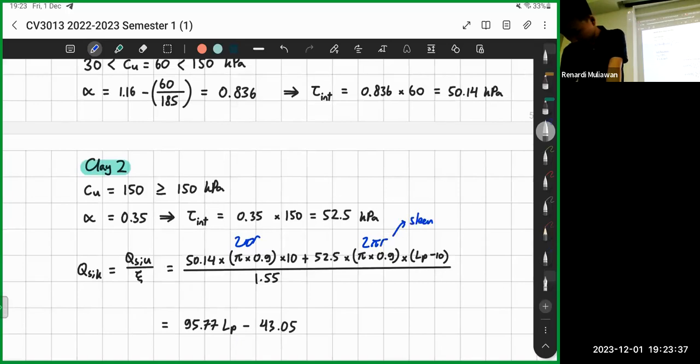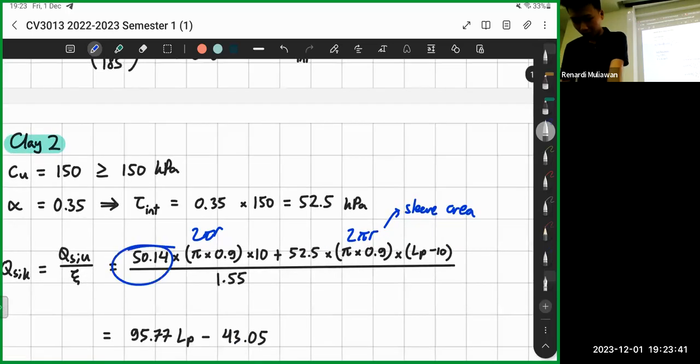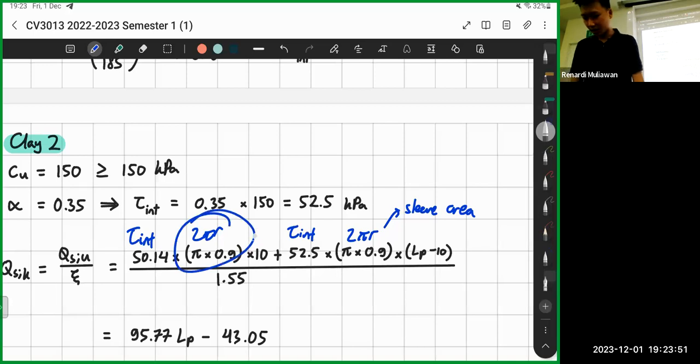So this is your shear stress on the interface of the first clay. This is your shear stress on the interface of the second clay. This is the 2 pi r, times the length, because we have the whole length of the pile.